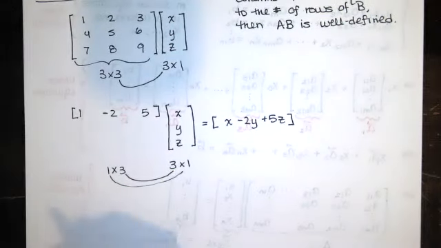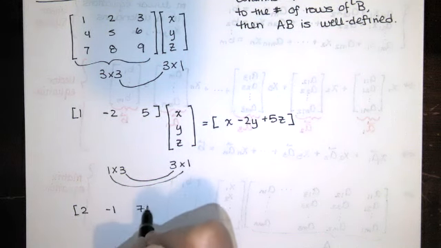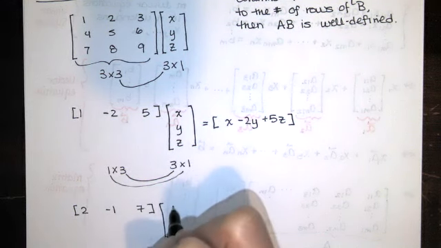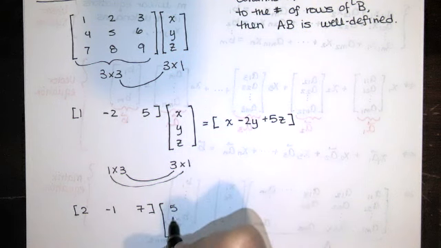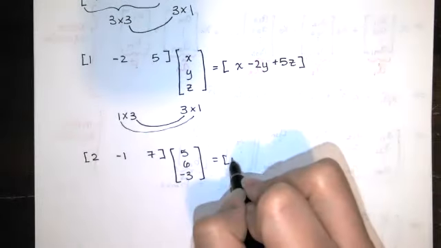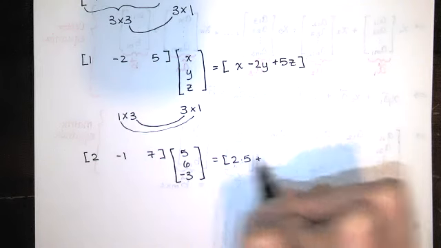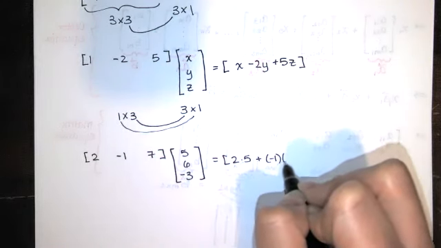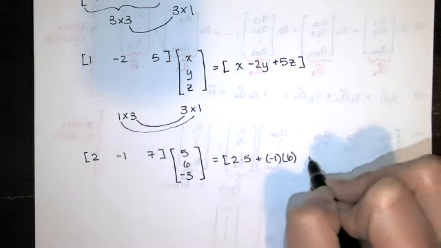Or if you were to look at vectors like 2, negative 1, 7, and the vector 5, 6, negative 3, the dot product of these would be a single value: 2 times 5, plus negative 1 times 6, plus 7 times negative 3.